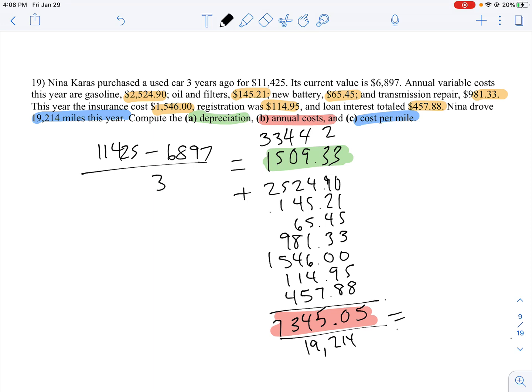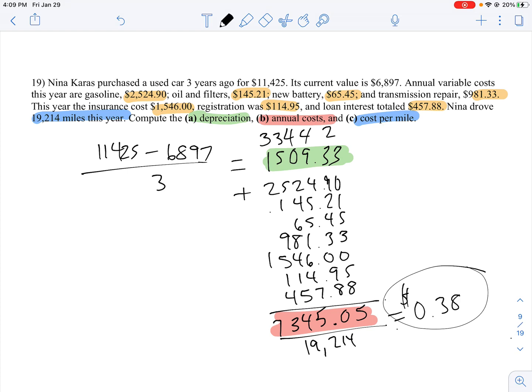And I might have lied; I might be able to actually type it faster than I'm able to add. All right, good job. And now I'm just going to divide those two numbers. And it looks like the cost is going to be 38 cents per mile.